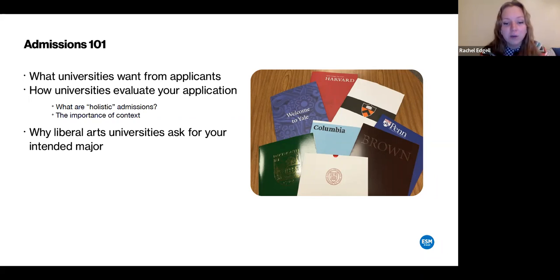If I had switched from politics to mechanical engineering, that would be a much bigger switch. And at some universities, even that is possible, but it's less likely to happen. And I think asking for an intended major gives universities a general idea of where a student might fit within their university, even if they change their mind, which many students do. So that's completely fine to do.